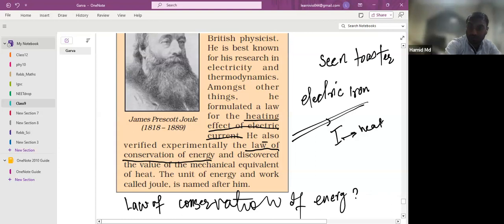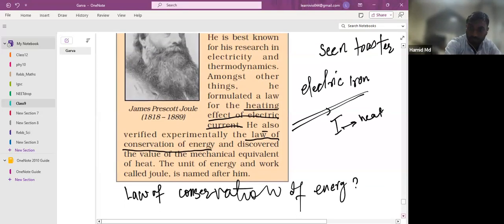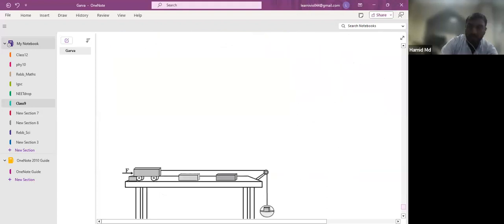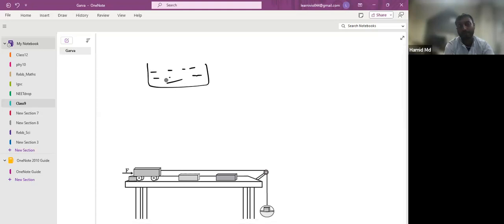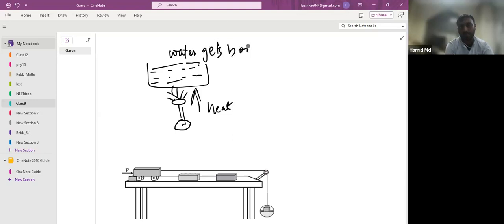Like if we are heating this pot of water, and this is a flame, we are giving it heat energy, and the water gets boiled.